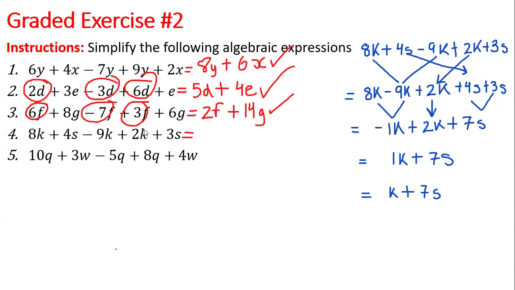Good night. So we have K plus 7S. Mr. Petit, could you help me remember what the rule is for the third part, negative 1K plus 2K, please? What did you put? Mr. Petit, I use the sign of the bigger number and put 3.